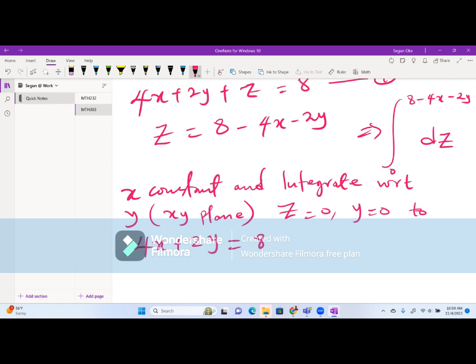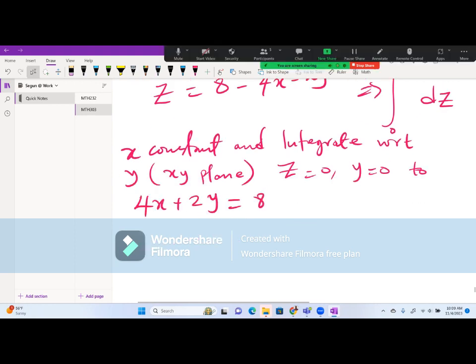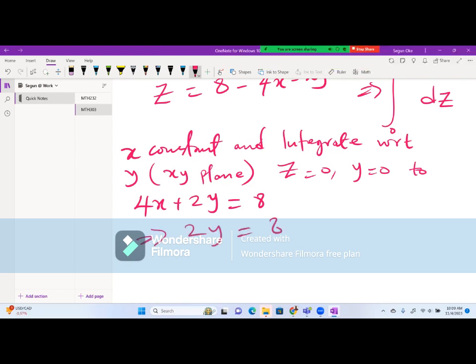Now, if you want to make y the subject of the formula, what do you have? Anybody? So it's going to be 2y equals 8 minus 4x. Am I right? So in this case we have to divide both sides by 2.